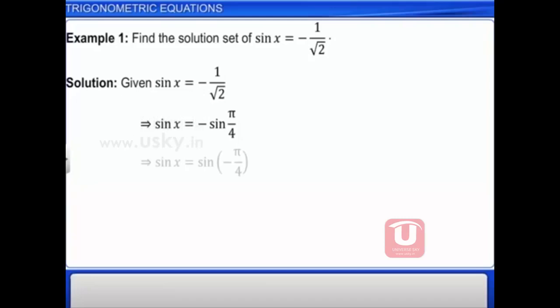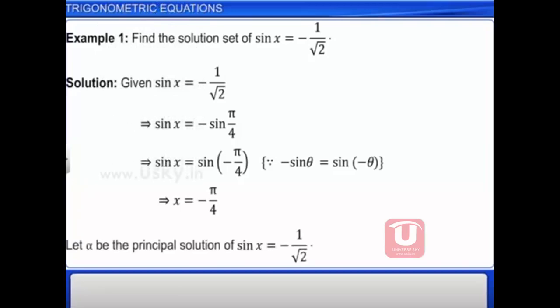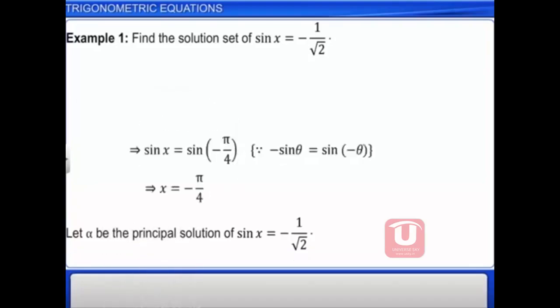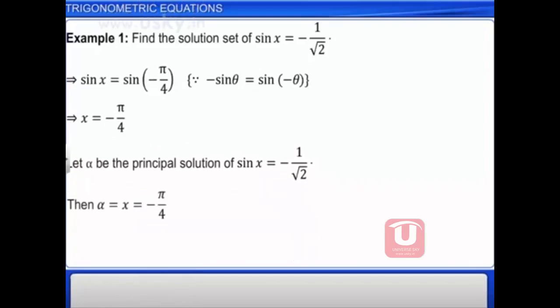This further implies that sin x is equal to sin(−π/4), since sin(−θ) is equal to −sin θ. This implies x is equal to −π/4. Let α be the principal solution of sin x is equal to −1/√2. Then α is equal to x is equal to −π/4.